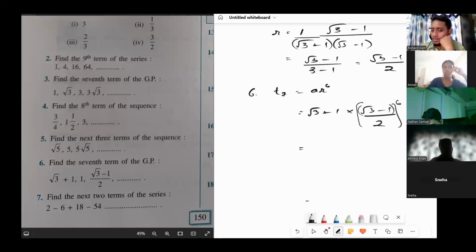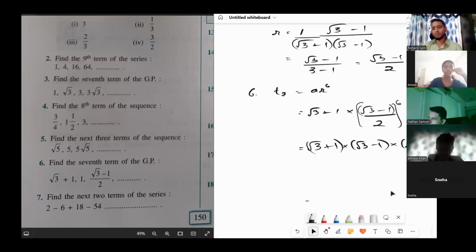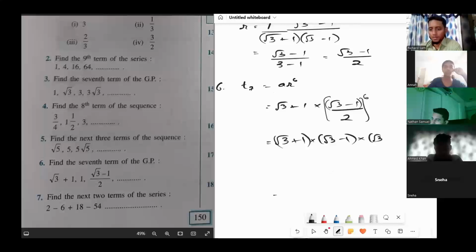So one of them we take out. So it will be root 3 plus 1 into root 3 minus 1 into, now the remaining, how many are there? There are 5 of them. So root 3 minus 1 whole raised to 5 divided by 2 raised to 6.